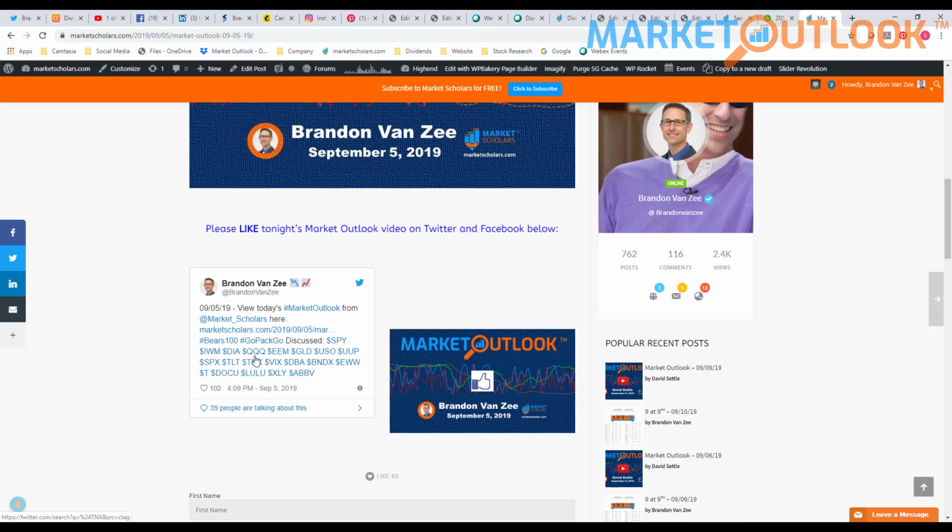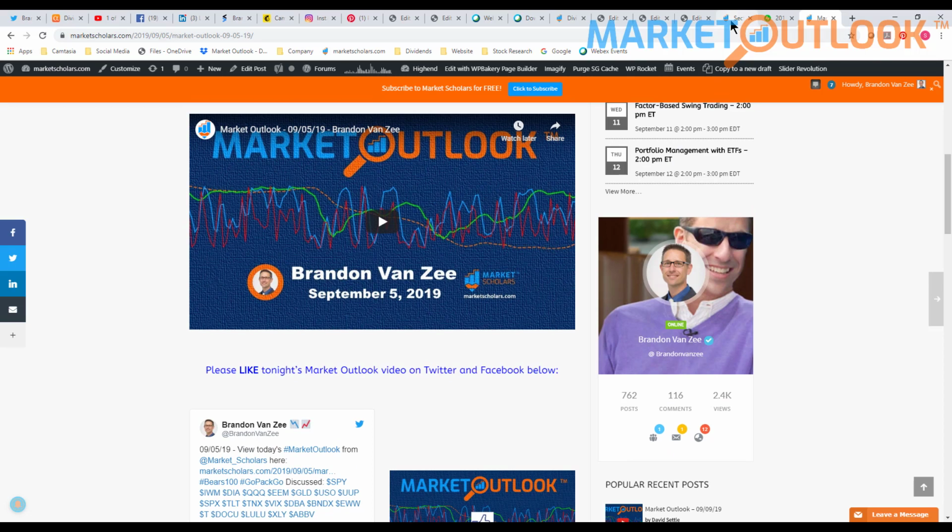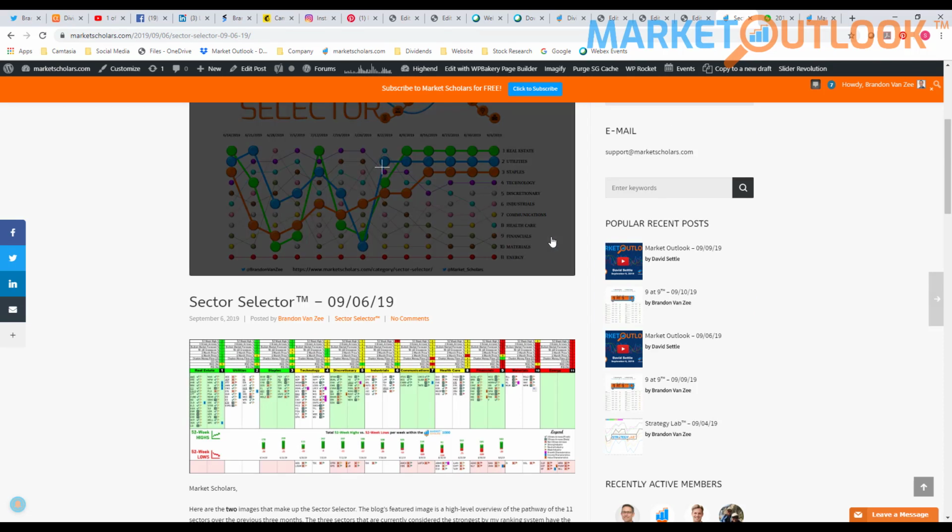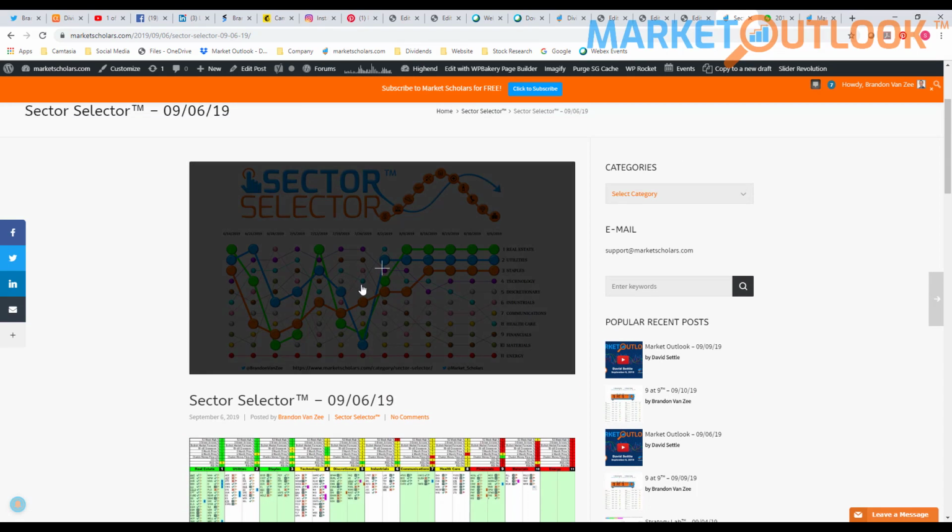Let's go ahead and also, while we're over here, have a quick chat about the sector selector. This is typically something that I put out for my Monday class, my top-down trend trading class, and many of you see the upper graphic. I share that regularly, which gives you the high-level overview of the various sectors and the rankings that are taking place there, and that's produced every Friday night using the full week's worth of information.